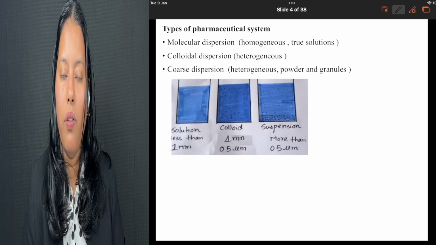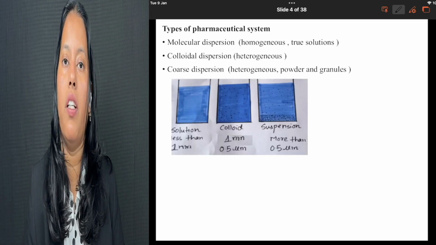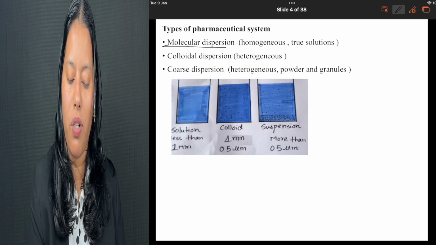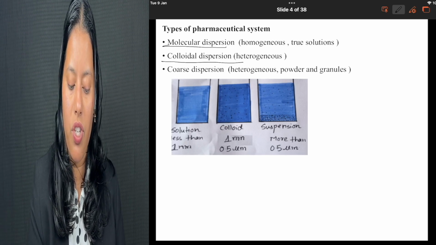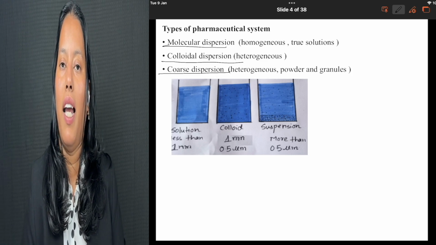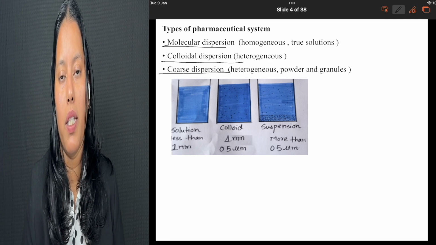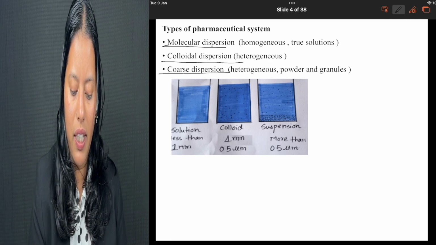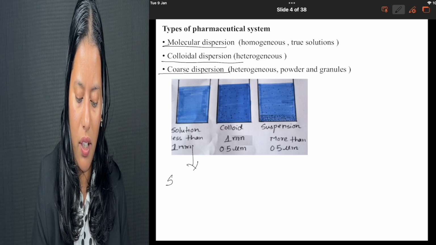Now, based upon how your system appears, it is classified as a molecular dispersion, colloidal dispersion, and coarse dispersion. So I will tell you three simple experiments which you can do at home. First experiment, you can take salt and water.